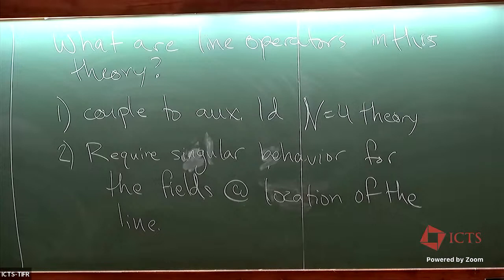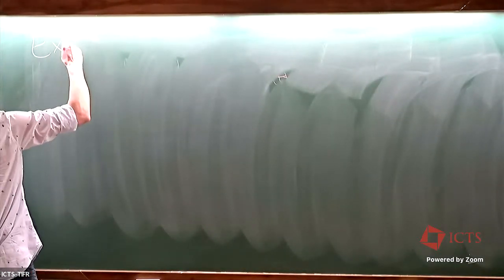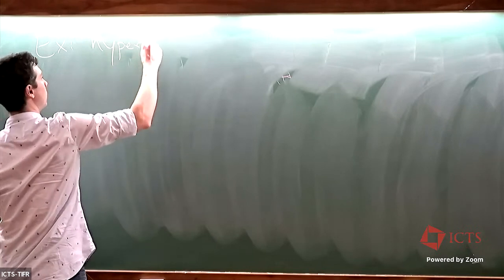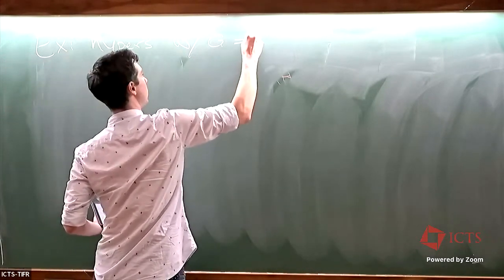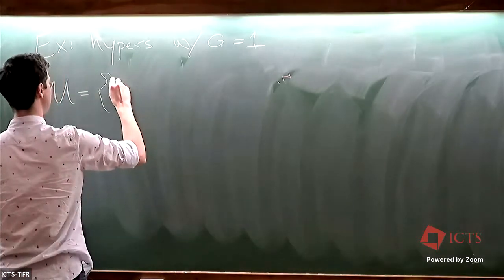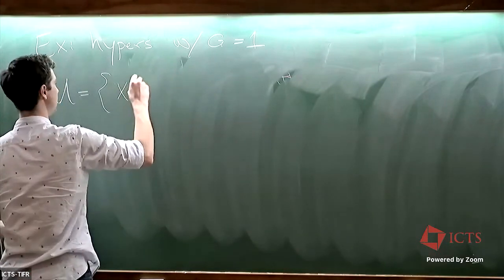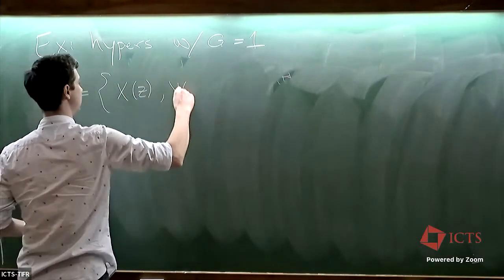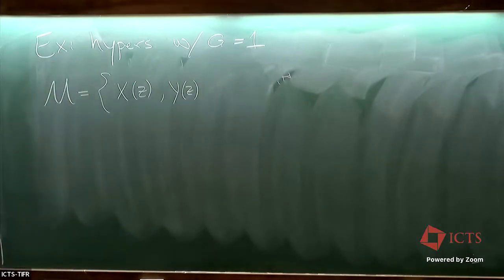And the first thing I want to describe is what this might look like when there is no gauge group. So in the case where I just have hypermultiplets, G is just going to be 1, the trivial group. Our moduli space, at least close to the location of the line operator we're going to put, is just 2 holomorphic functions on the complex plane.